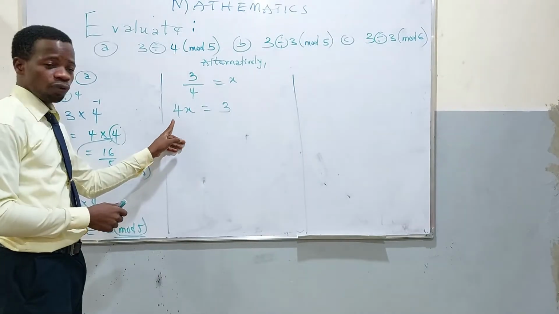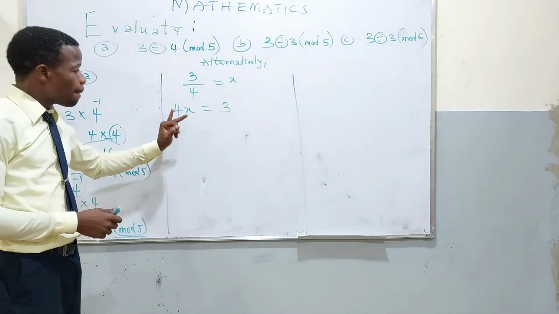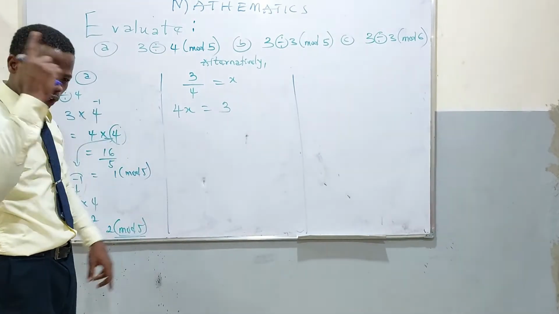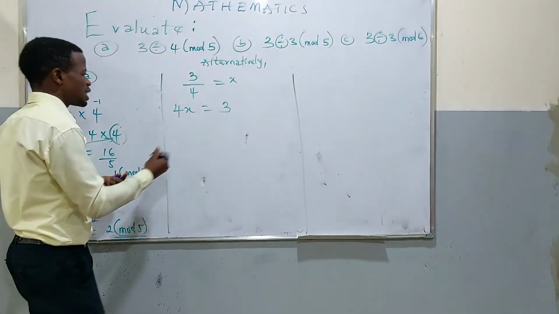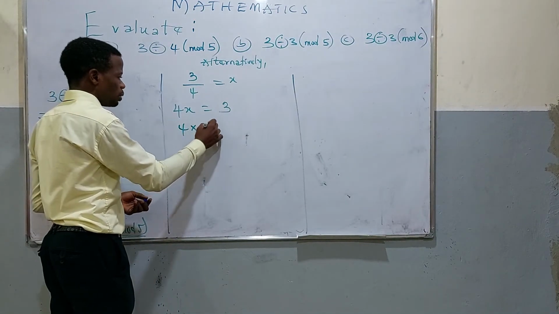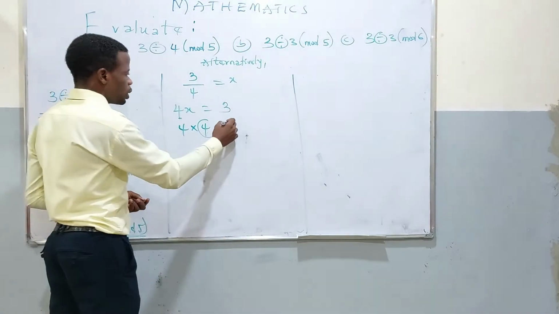The coefficient of x here is 4, so we multiply it by a number that will give us the unit, the same thing as the inverse. So the inverse of 4 is still 4.